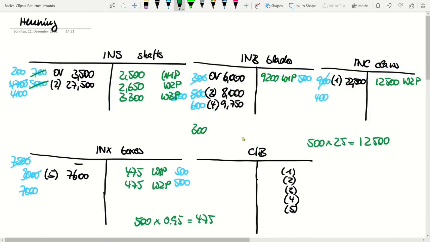I take 300 from the third purchase, where the price is $16. And I add 300 from the next purchase, where it is 16.25.